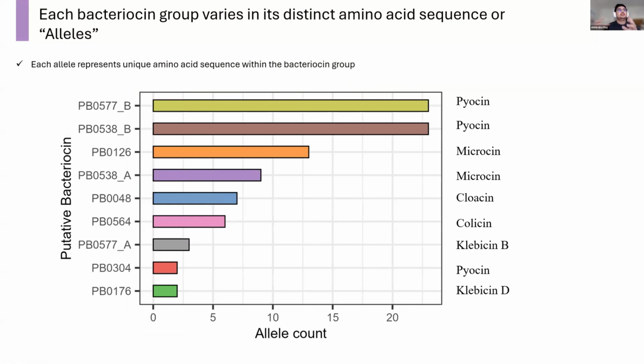For each bacteriocin group that we found, we grouped it according to unique amino acid sequences, or alleles. We see that each bacteriocin group varies in the number of distinct amino acid sequences, and the highest would be for these two groups, PB0577B and 538B, both of which look like pyocin kind of bacteriocins.